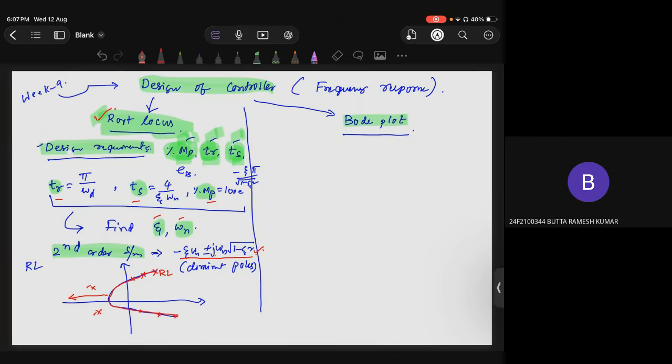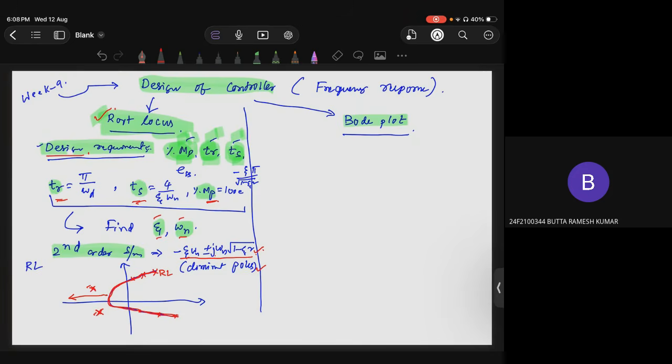Once you know TR, TS, and MP from the design requirement, you calculate zeta and omega n. Zeta and omega n are the design requirements. From there, you calculate your dominant poles. Basically, your system poles will transit like this, but your dominant poles are here.